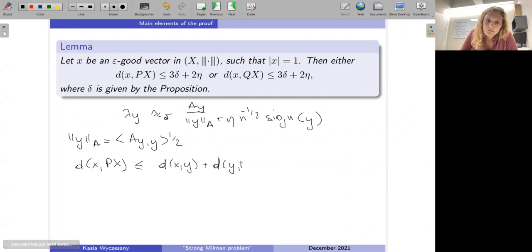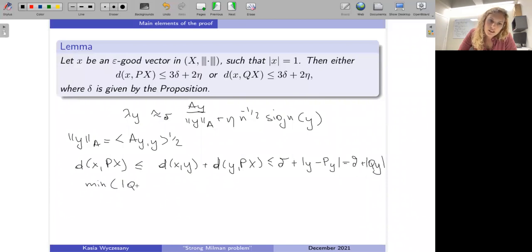We know that x and y are at most distance delta from one another. And the distance between y and Px is exactly the norm of y minus Py, which is exactly delta plus the norm of Qy. Therefore, what we need to do now is to minimize the expression, Qy and Py, right? If we write the same thing with a Q, that's what we get. So we need to minimize this.